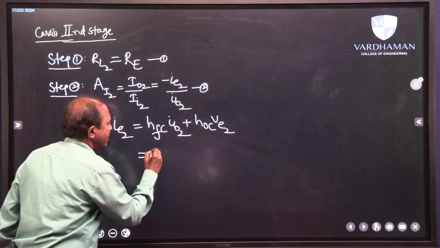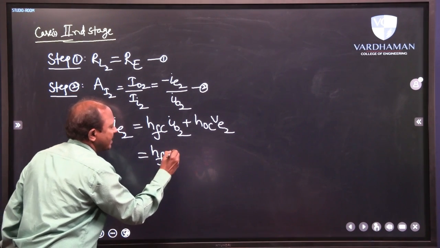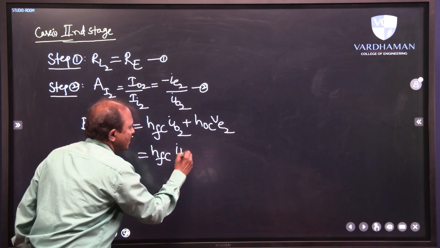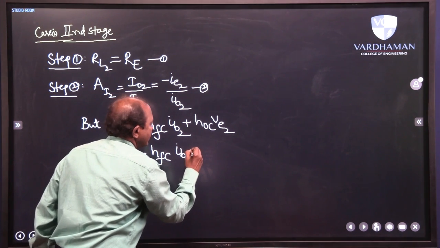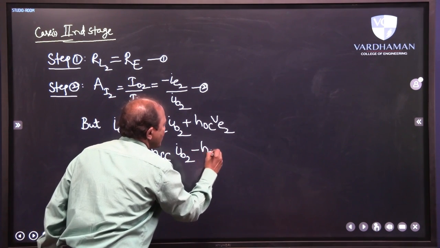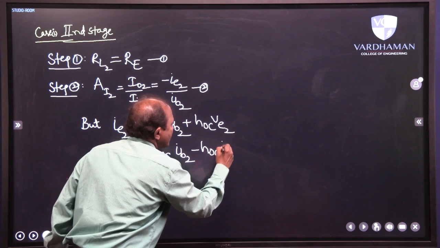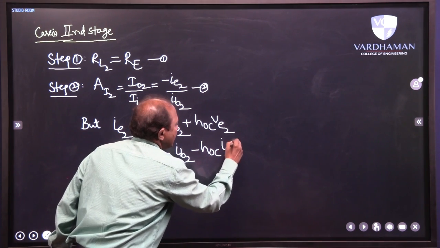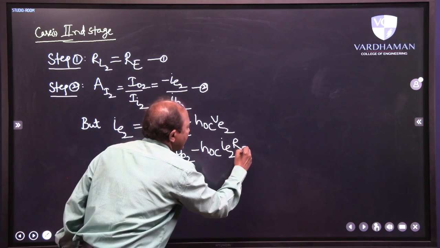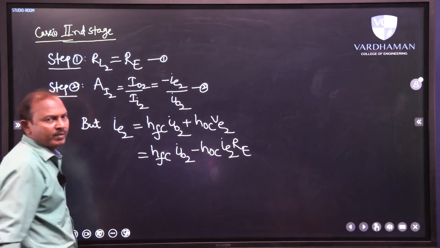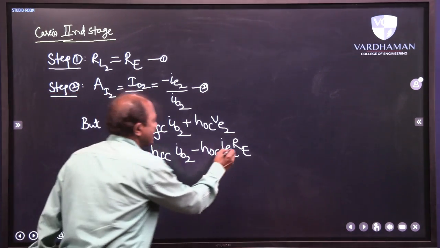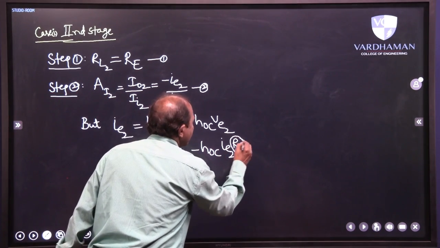So this is HFC into IB2 minus HOC into IE2 RE, or RL2, sorry. RE is nothing but RL2. You can also write this RE as RL2.